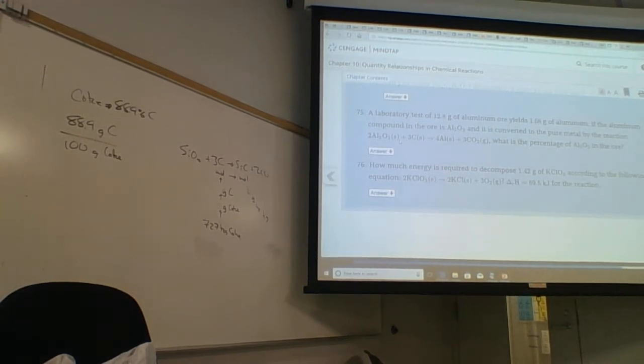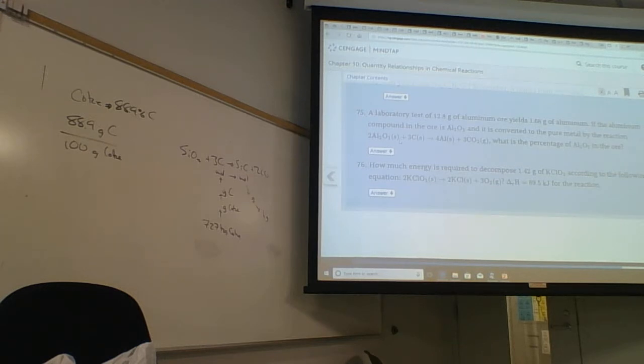So they want, what is the percentage of aluminum oxide in the ore? So in this ore, they want to know what is the percent aluminum oxide. In other words, how many grams of aluminum oxide per 100 grams of ore, times 100%. That's basically what they want.